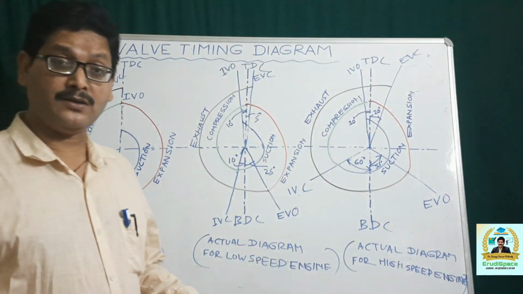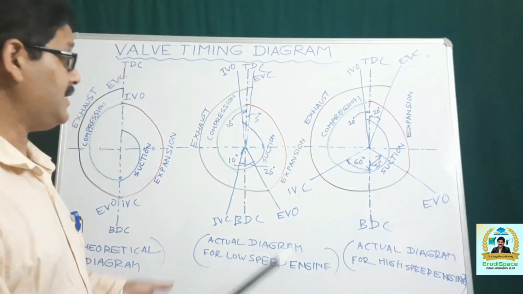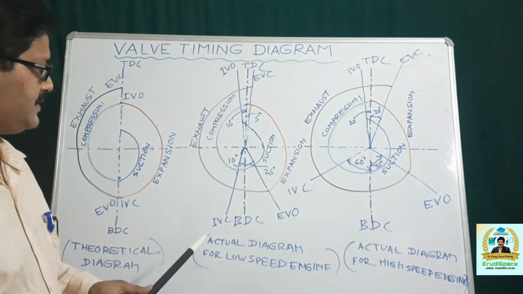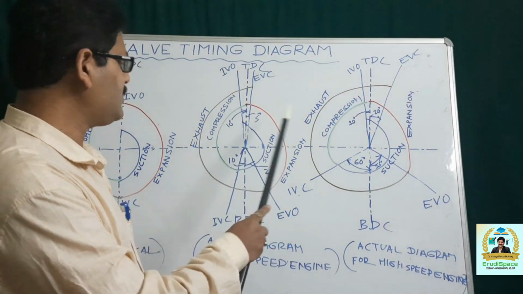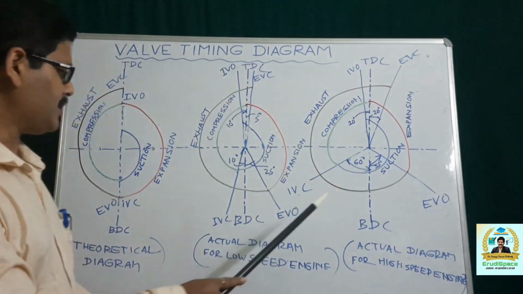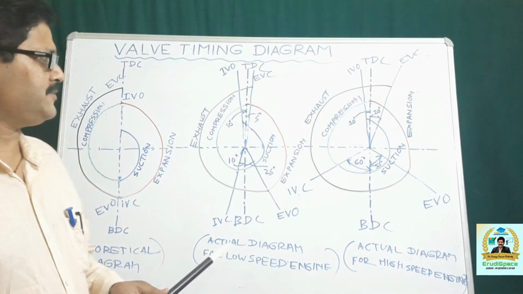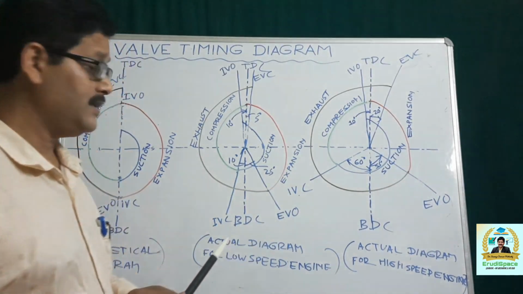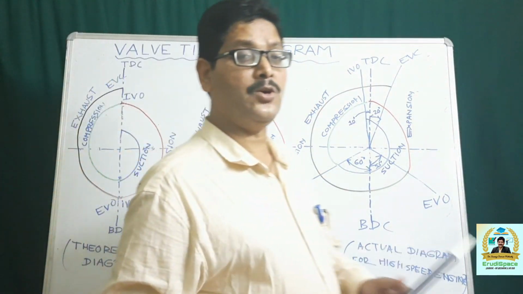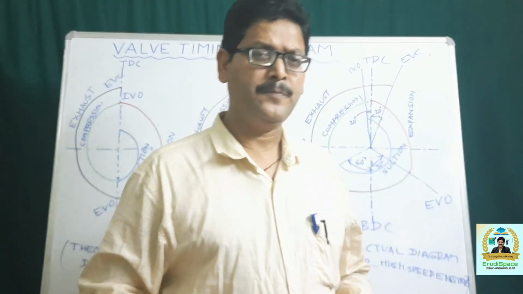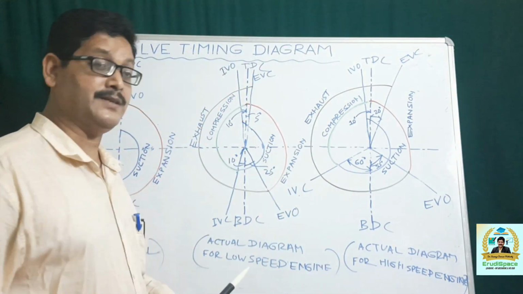So whether you consider the inlet valve as well as the exhaust valve, that is happening in both the cases. Of course, there are variations in angles when you compare the low speed engine with that of high speed engine. That also we'll discuss. But one thing is sure, the valves are actually opened and closed before and after the dead centers.